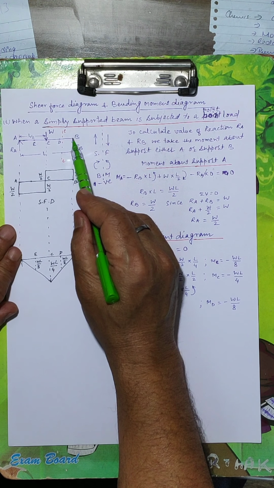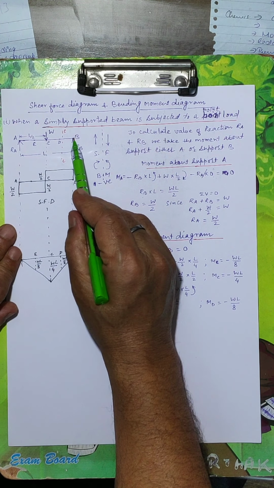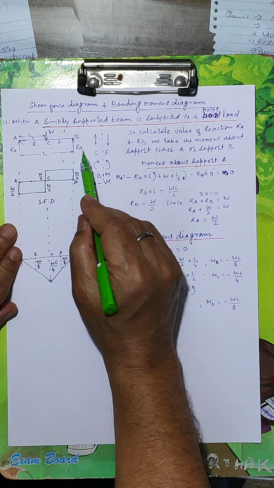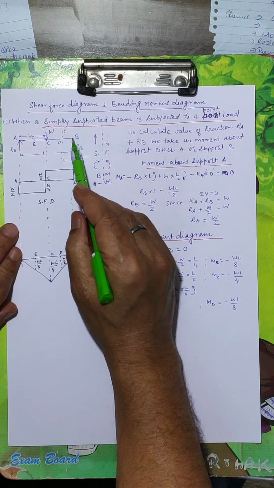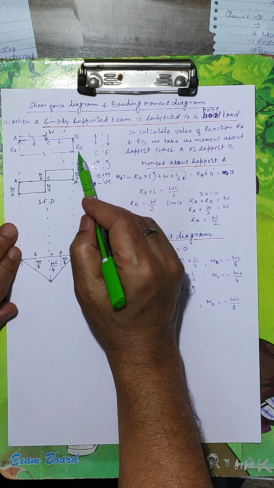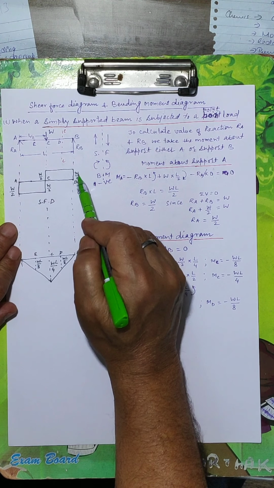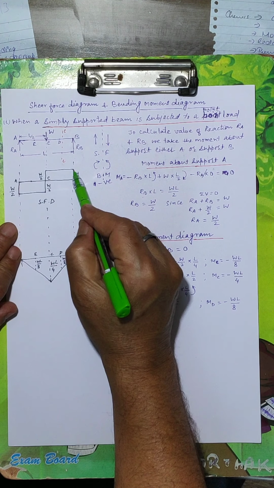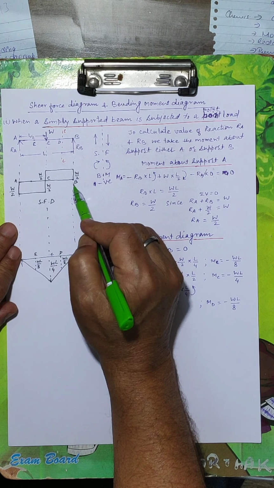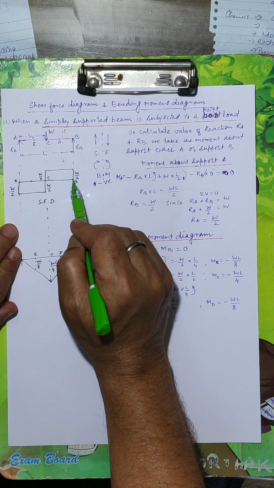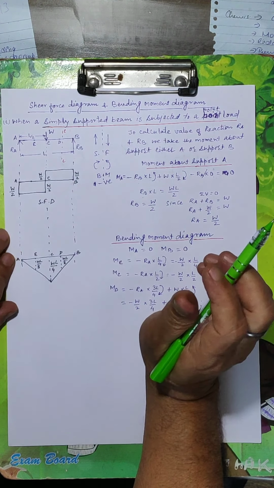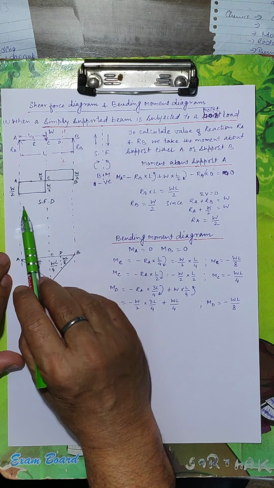RB is taken on the left side of the section, so the value of RB is negative. From B we will come downward by the value of RB, and RB is W by 2. So we come down from this point by W by 2, and we reach point B at the zero level line. So this is the shear force diagram.